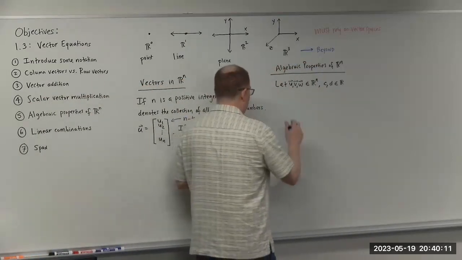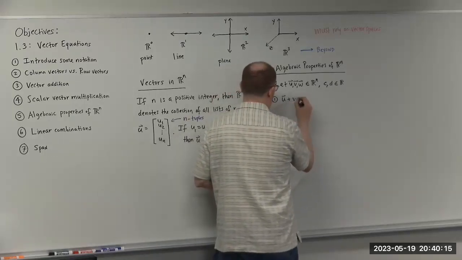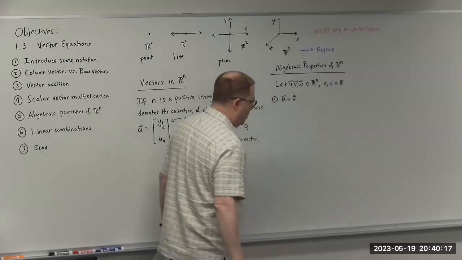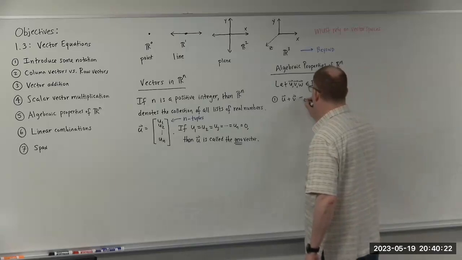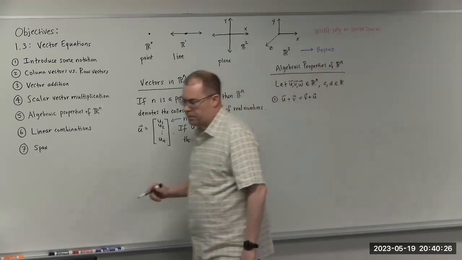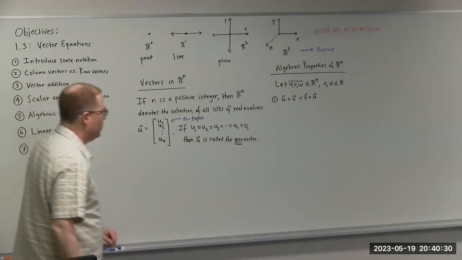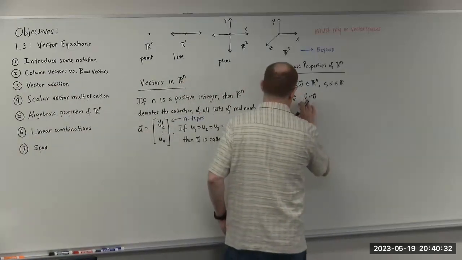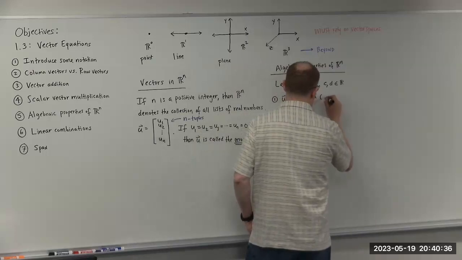The first property is that if you take the vector u and add it to the vector v, we get back the same result if we take v plus u. This is the commutative property.